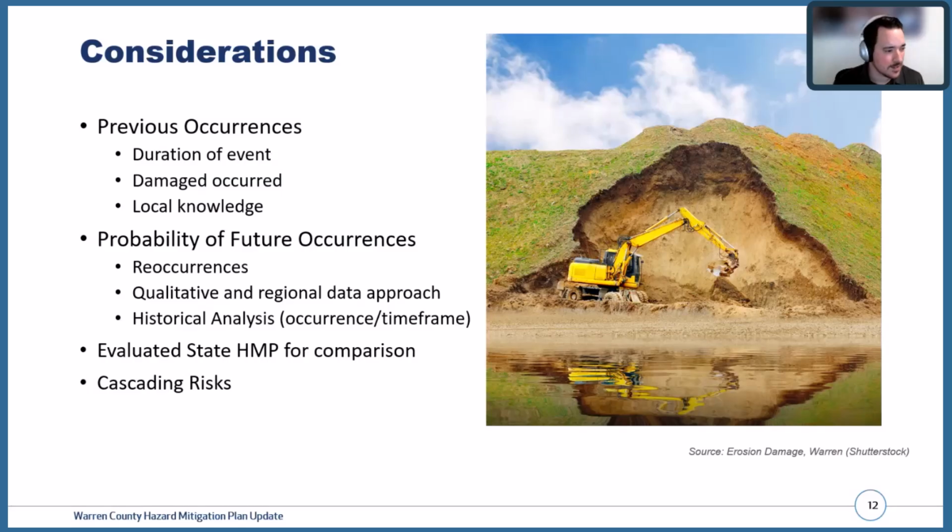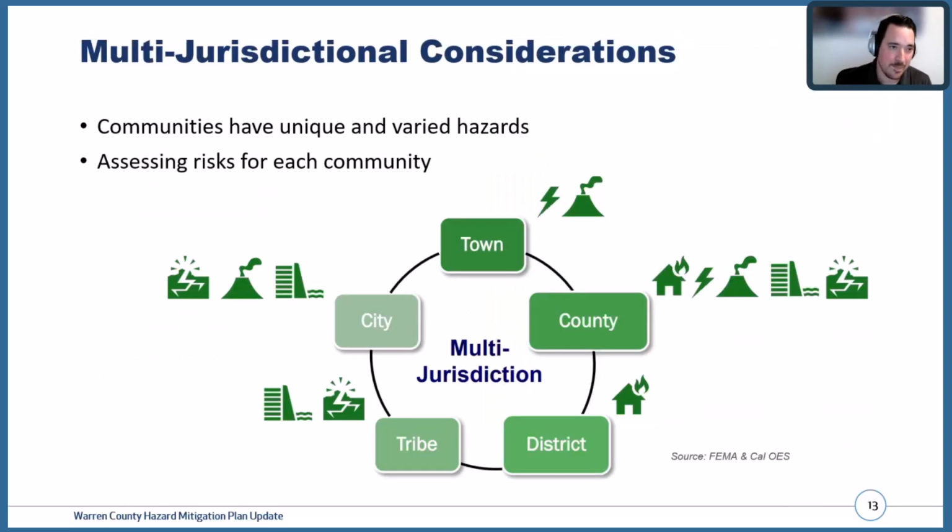If a flood happens and the power goes out, and there is a community of folks, say 65 and older, they might have a higher risk of heat issues if they lose air conditioning, loss of food, things like that that we have to consider when looking at risk and vulnerability.